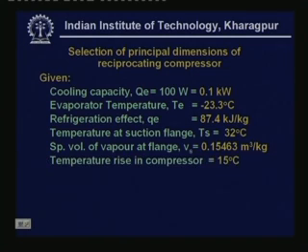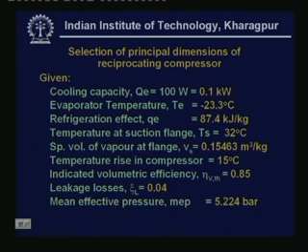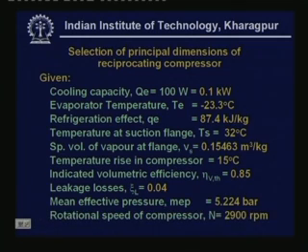And temperature rise in compressor is 15 degrees centigrade and indicated volumetric efficiency is 0.85. Leakage losses factor is 0.04 and then mean effective pressure MEP is equal to 5.224 bar, and finally the rotational speed of compressor is 2900 rpm.